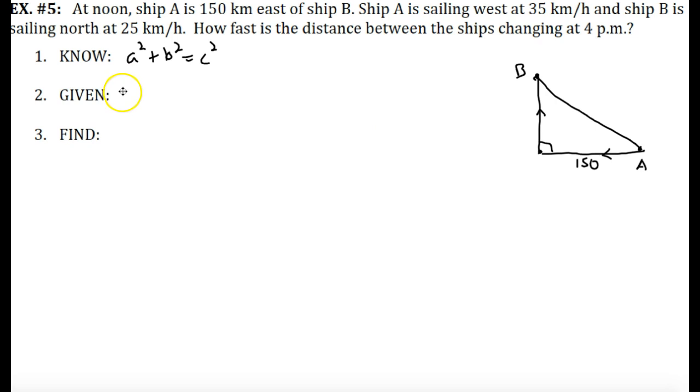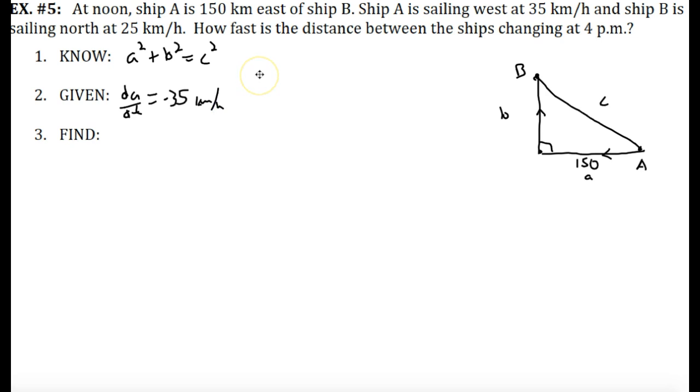So if I call this side A, this side B, and this side C, the rate at which side A is changing, dA/dt, is equal to, now this distance is decreasing, so this is going to be a negative rate of change. This will be negative 35 kilometers per hour.